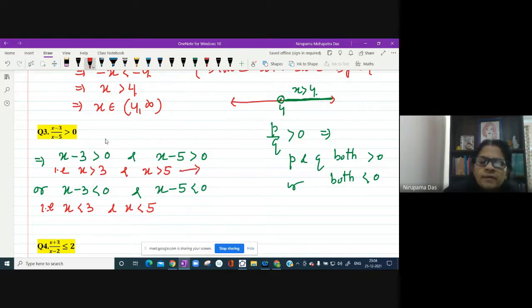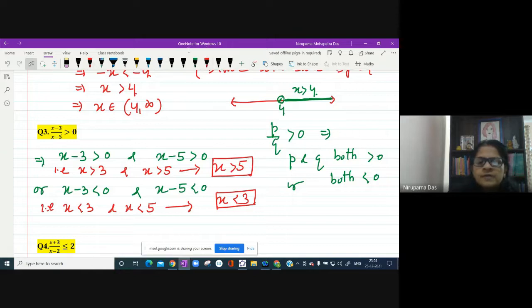We can take here x greater than 5, because if x is more than 5, automatically it is more than 3. Similarly, in the second case, the conclusion can be made x less than 3 and x less than 5. It means we can take x less than 3, because any number which is less than 3 will be less than 5. So, how to take it? x greater than 5, x less than 3.